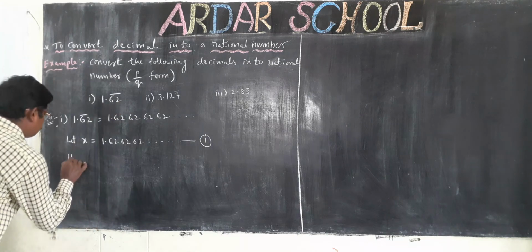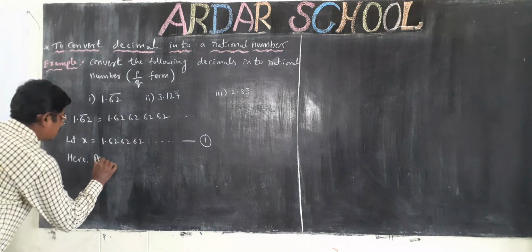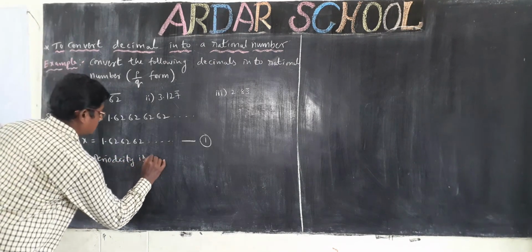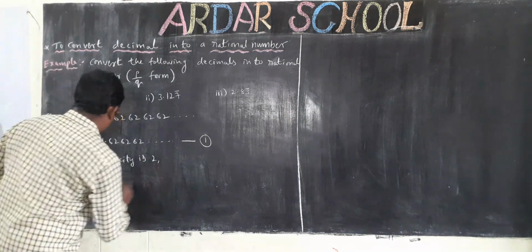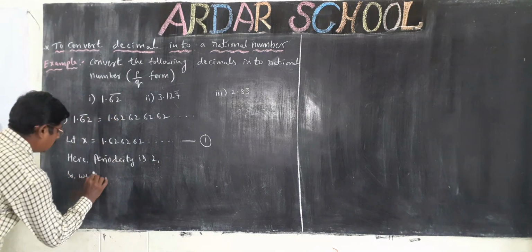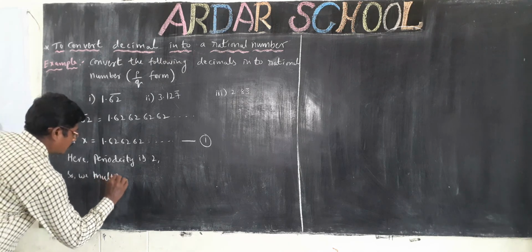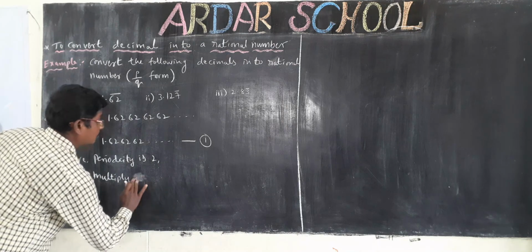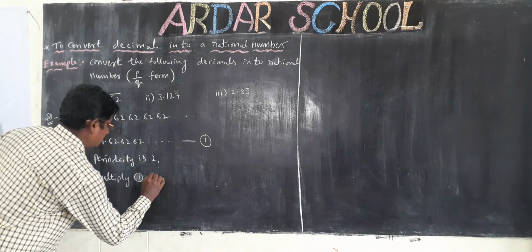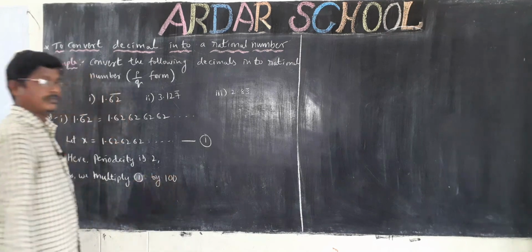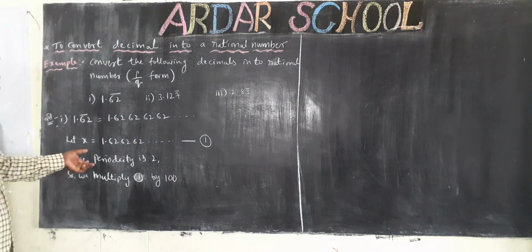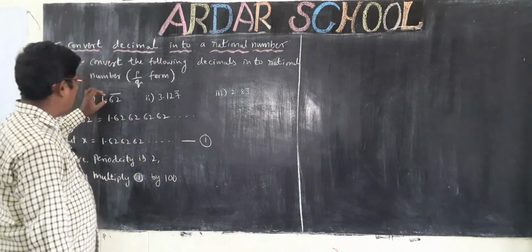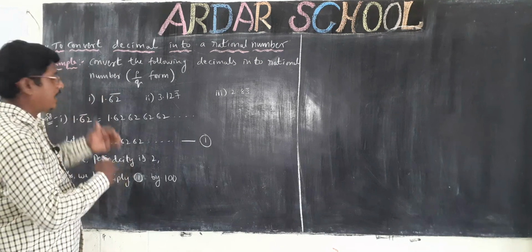First of all, you have to find the periodicity. Periodicity means the number of decimals in the recurring part.